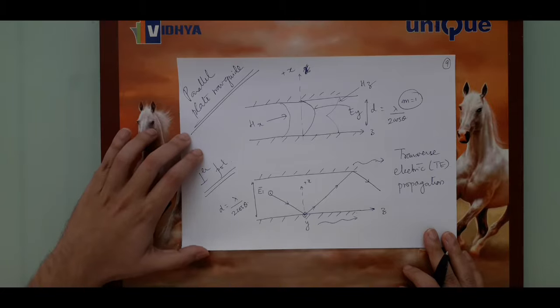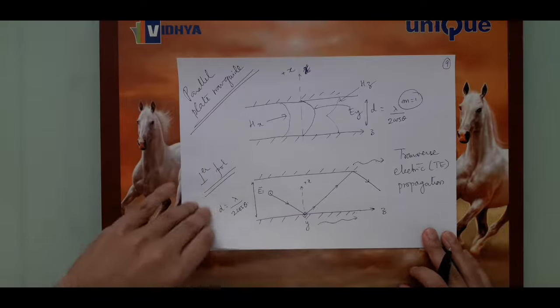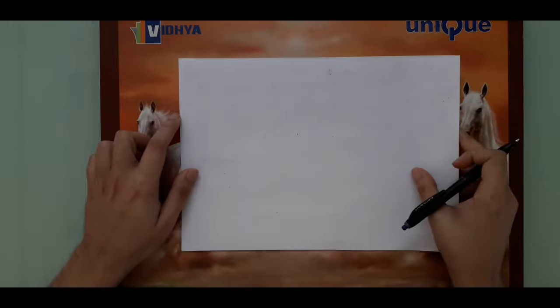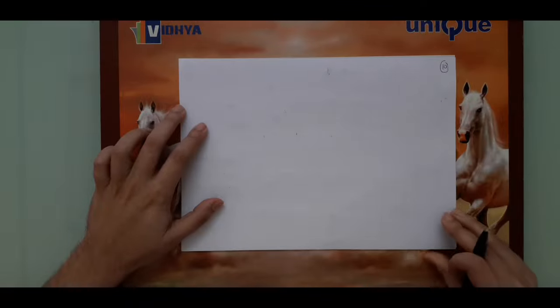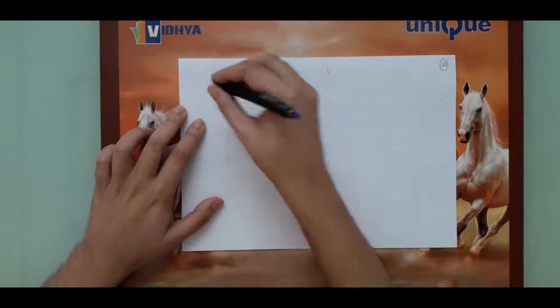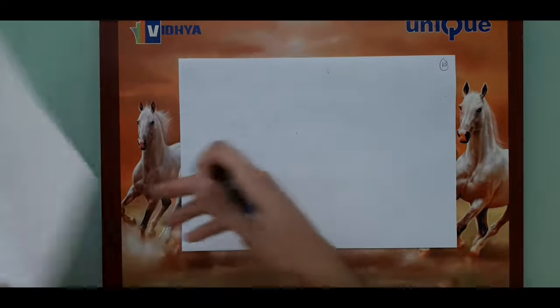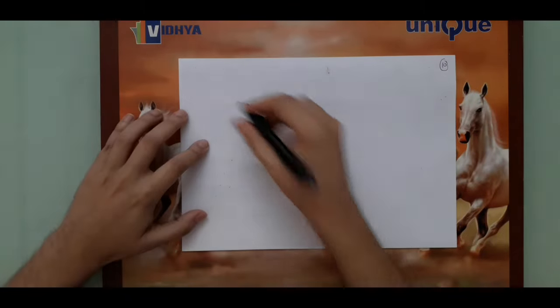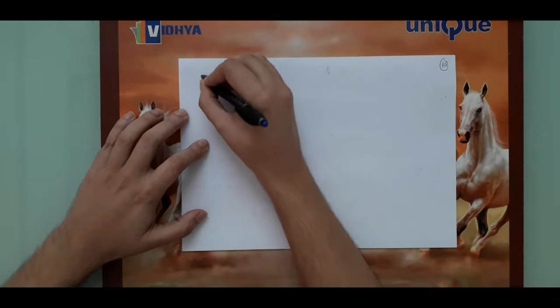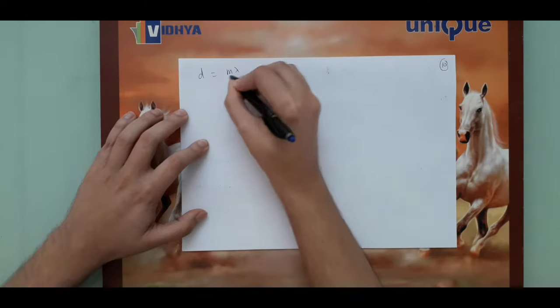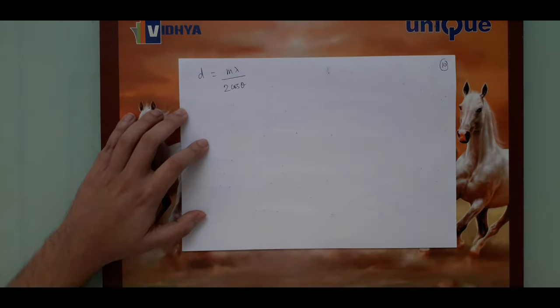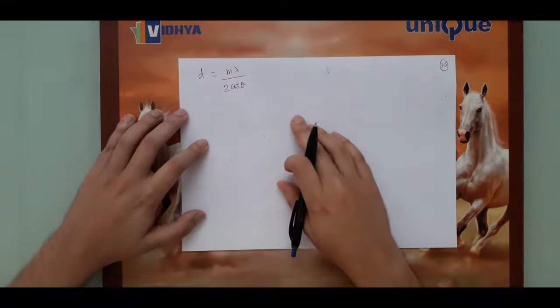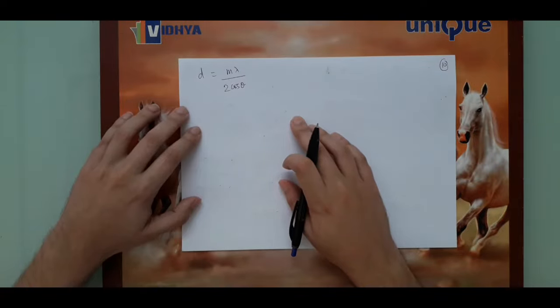Now the general case which we had written earlier is that D equals m lambda by 2 cos theta, where m can be any positive integer or a natural number. So D is m lambda by 2 cos theta. We had looked at a special case of m equal to 1, but something similar will happen for other values of m also.